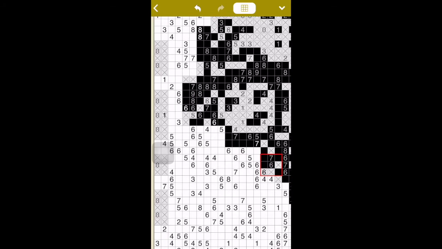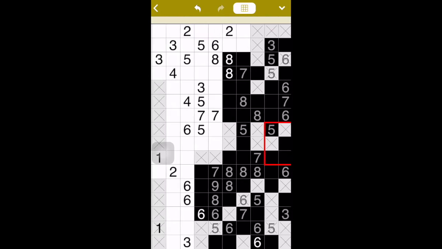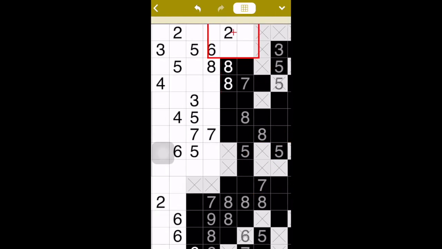Okay, I'm trying to see if I should go. Okay, let's do this one too. Let's look at the 2 and the 8, right? Two black spaces in one of the six spaces here. They must land in two of the three, because of the 8. I cannot have just one, because that's only 7.